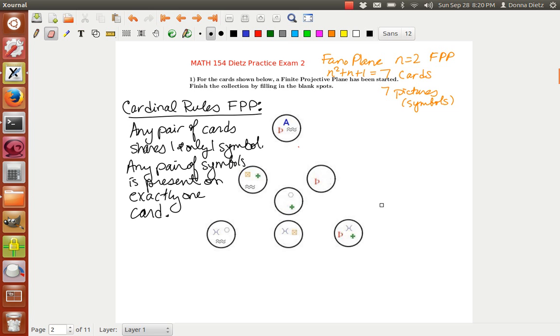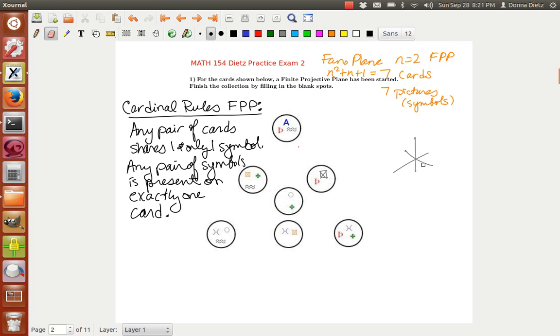So the outer triangle, if you think of a Fano plane like this, right? You've got the triangle, we've got the 3 inner lines, and we've got the circle. So we've got the outer line taken care of, so that's good to go. Now, what about the circle? Well, let's see. This symbol matches this symbol, but there is no such symbol over here, so we're going to go ahead and put it in, and now we've taken care of the circle.